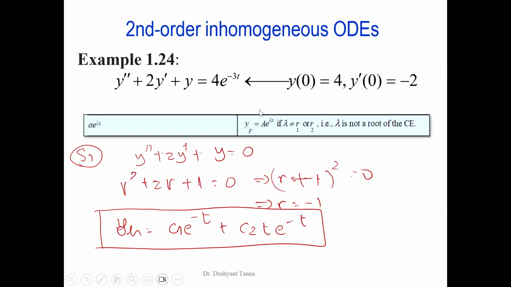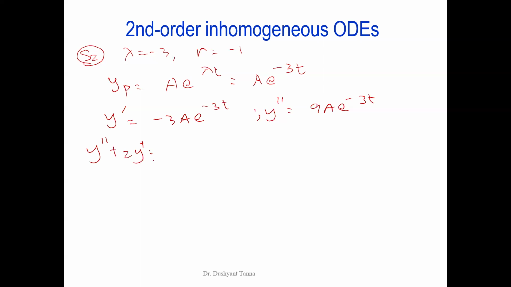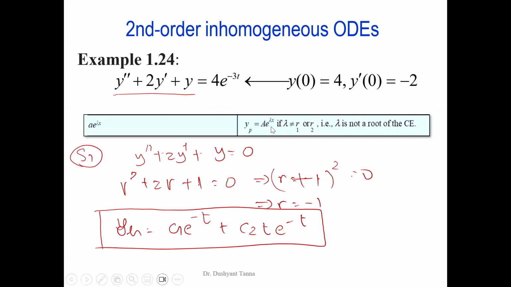What we need is y double dash, y dash, and y to equate. Same process that we have done now. Y dash will be -3A e raised to -3t, and y double dash will be 9A e raised to -3t. y double dash plus 2y dash plus y is equal to what do we have? 4 e raised to -3t.